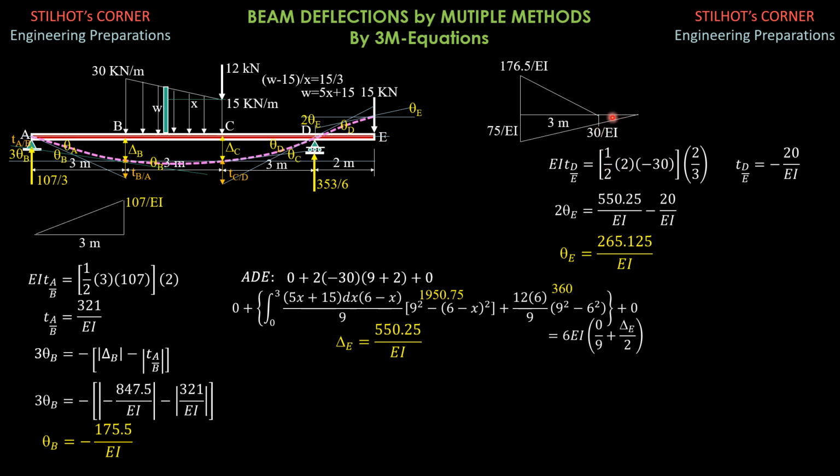Moment arm is 1/3 of 2 or 2/3. So it is negative 20 over EI.